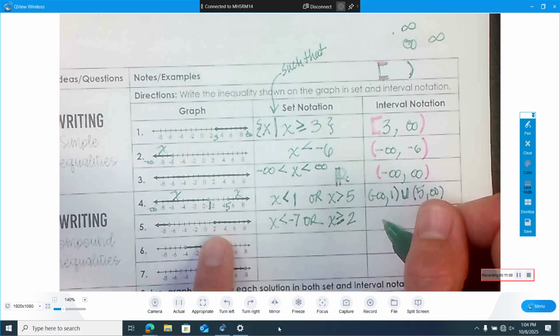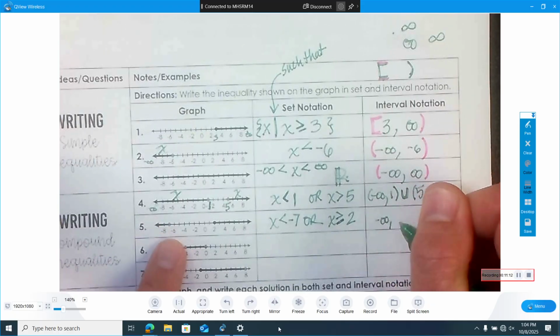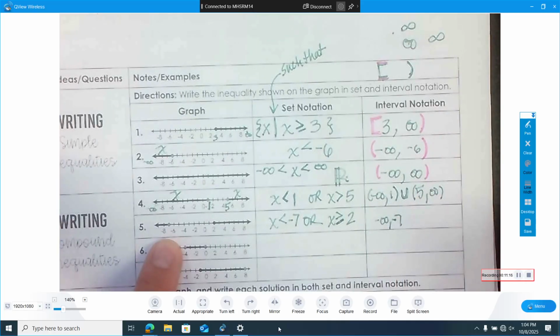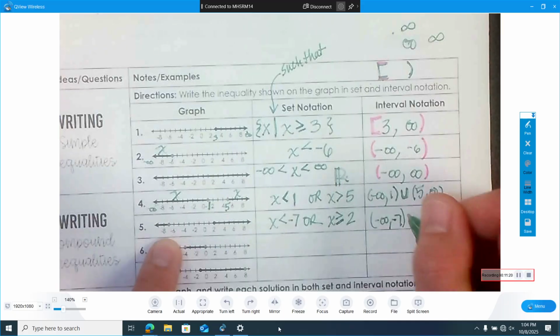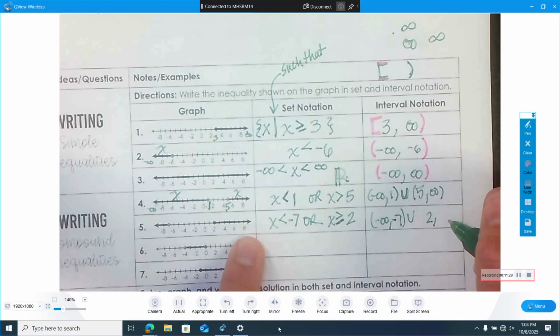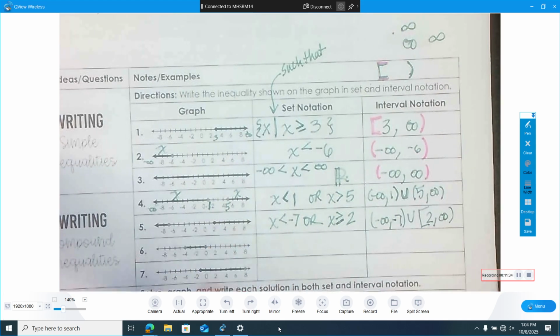All right, what about interval notation? -infinity to -7. Parenthesis, and union, 2 to infinity. And what do we use at the 2? A bracket and a parenthesis. Great.